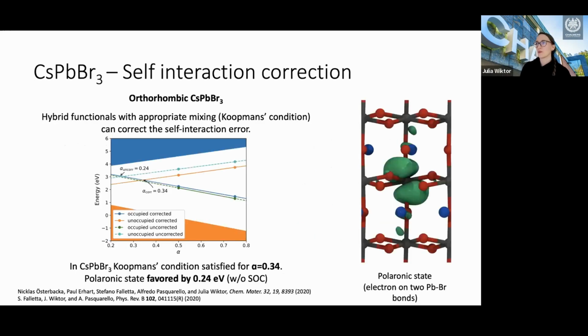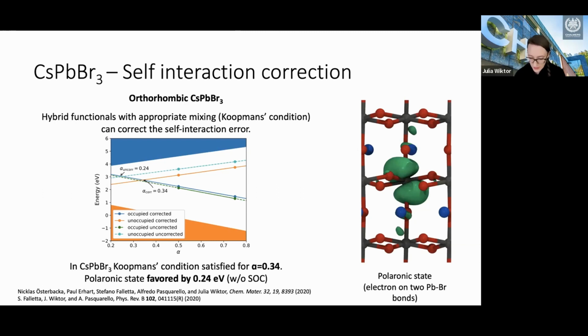And first, I wanted to talk to you about some challenges we have in calculations of polarons in halide perovskites. I will talk here about an example of cesium lead bromide, in which we can find a polaron state for the electron around lead, like shown in the picture.